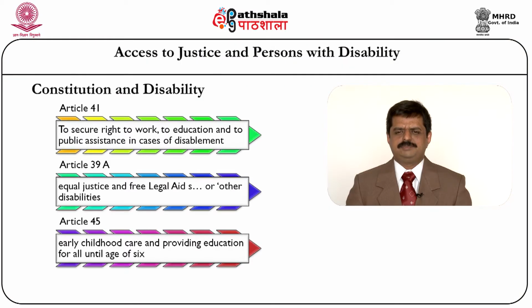Article 41 speaks about providing education to persons suffering from disablement. 39A provides for equal access to justice and free legal aid. 45 provides for early childhood care and education till the age of 6. 46 and 47 provide for raising the standard of living, and the education and development of persons with disability. So, that is how the Constitution has ample provisions for protecting the rights of persons with disability.